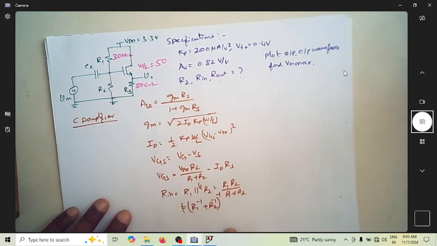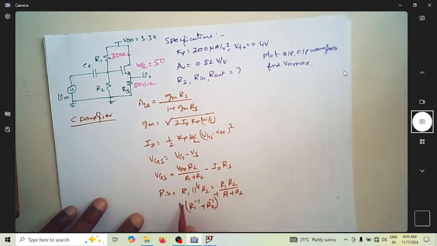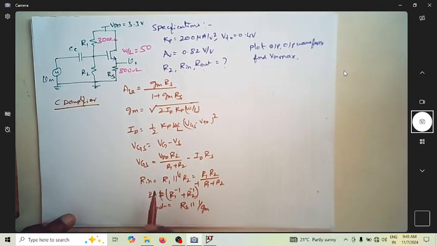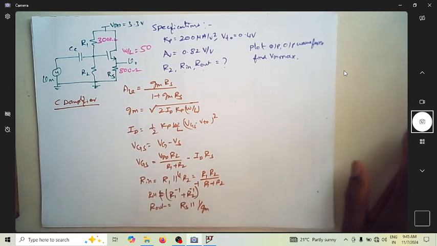So these are different ways of calculating the value of Rin, and of course the Rout happens to be the resistance seen from this output node, which will be Rs in parallel with 1 over Gm. So these are the equations that we know for this particular circuit diagram.